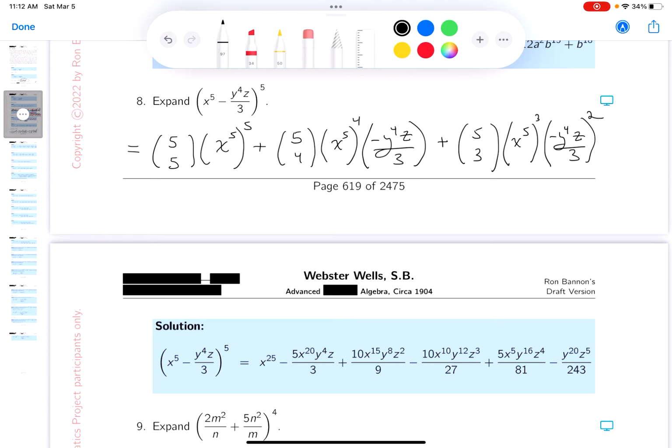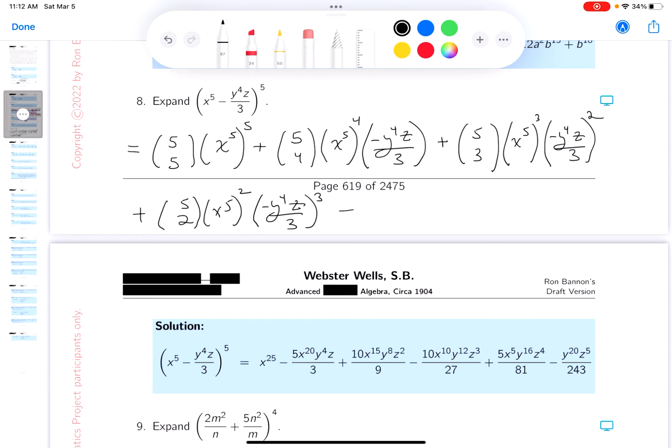Let's keep writing it. Plus 5 choose 2, x⁵ squared, and then you're going to get minus y⁴z over 3 cubed.